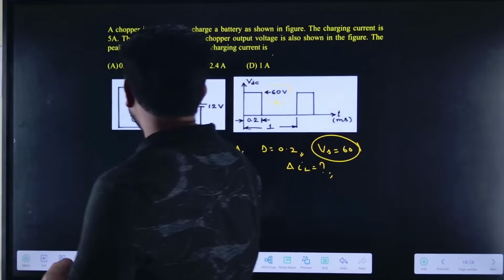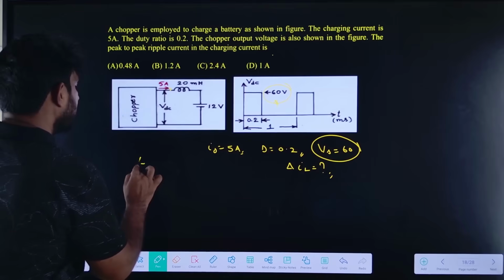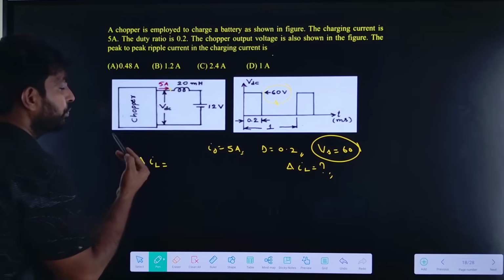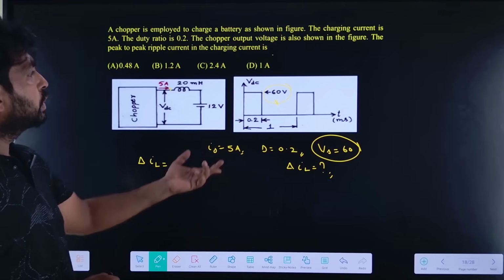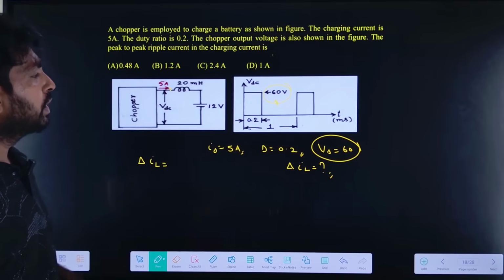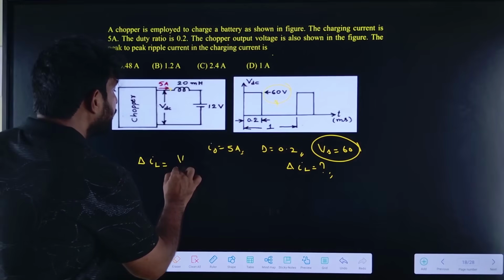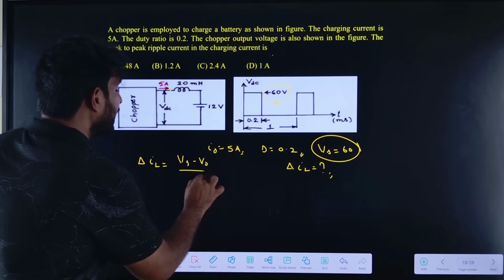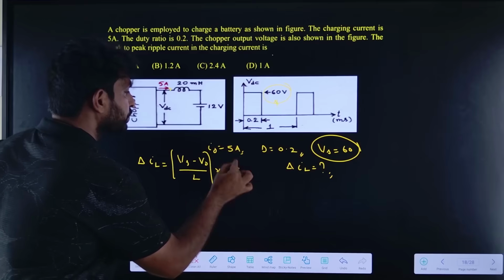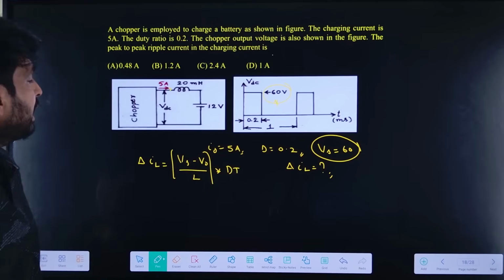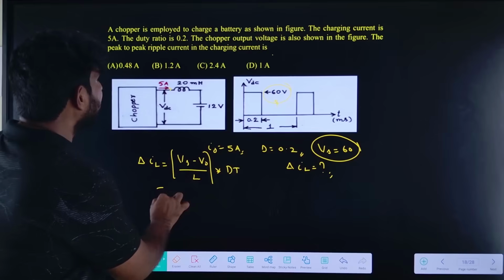Delta IL equals Vs minus V naught, divided by L, into dt. This is the expression for delta IL.